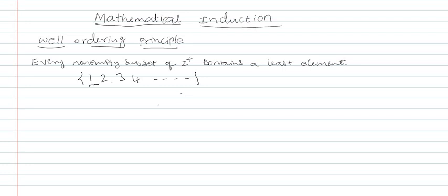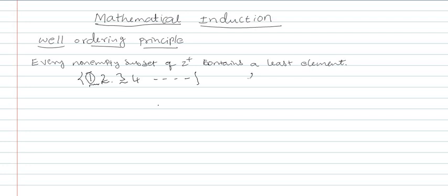Every other element in the set is greater than 1, so 1 is the least element.